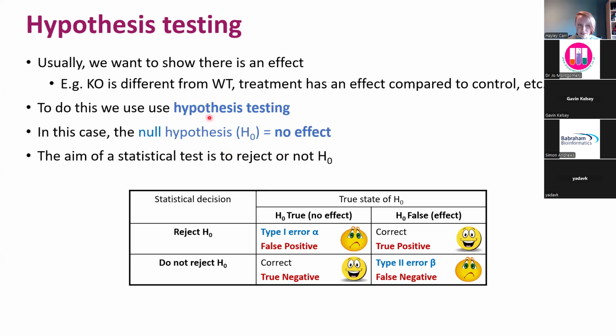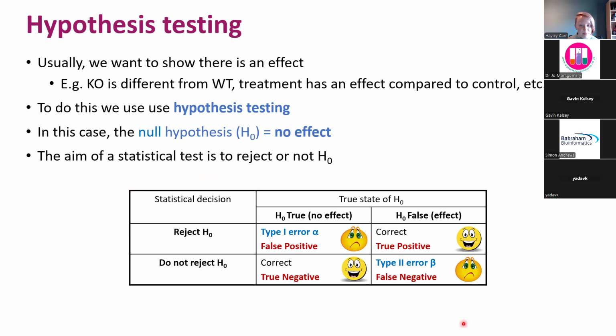In this case, we have what we call a null hypothesis, which is our default state that we want to test. Our null hypothesis is that there is no effect. This is effectively our innocent until proven guilty state. And with hypothesis testing to show there is an effect, the aim of the statistical test is to reject or not reject our null hypothesis.